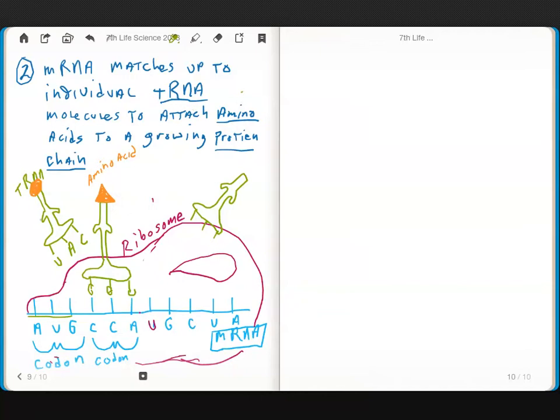So it's coming in here. The tRNA is coming in this direction, and it's leaving in this direction. So it's going away in that direction.